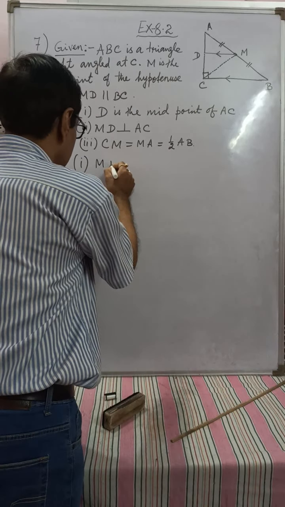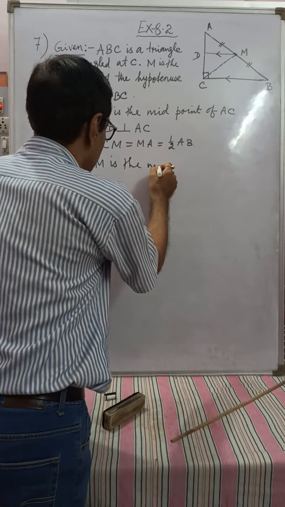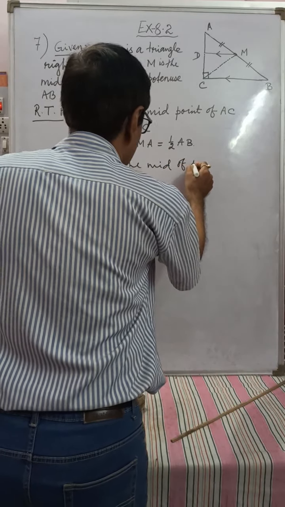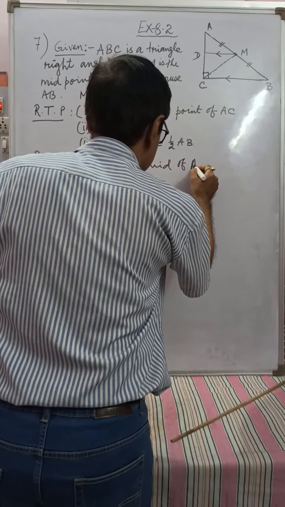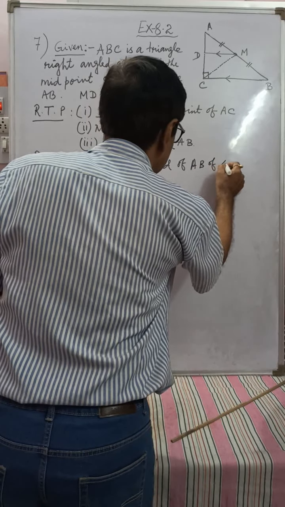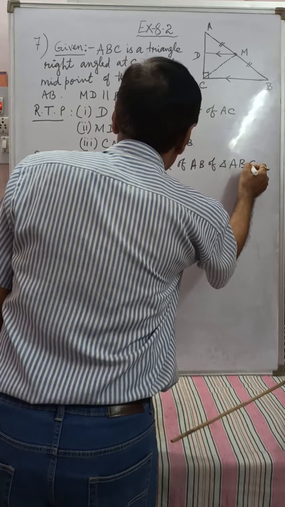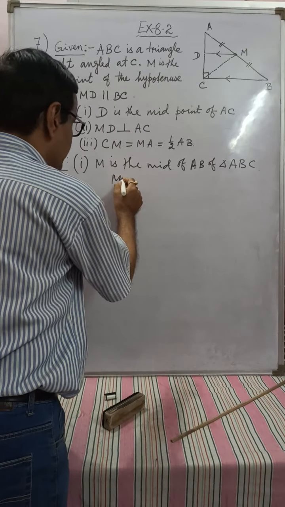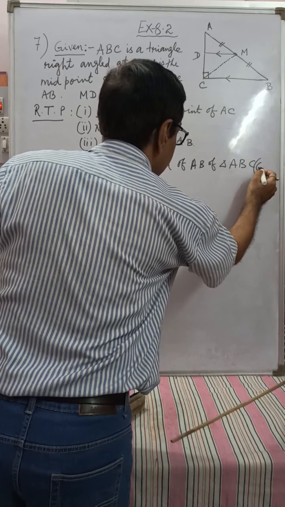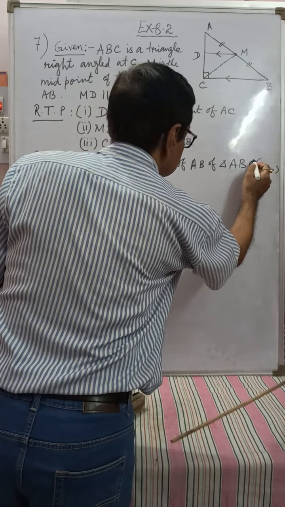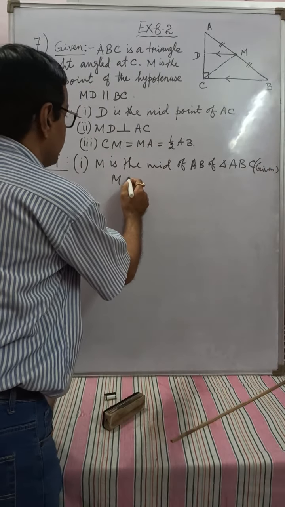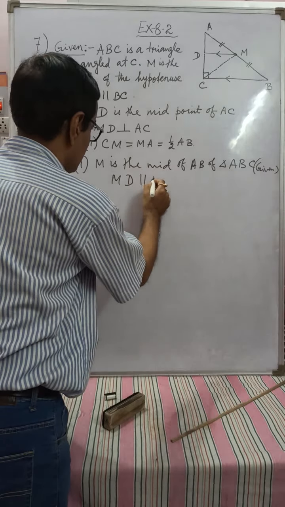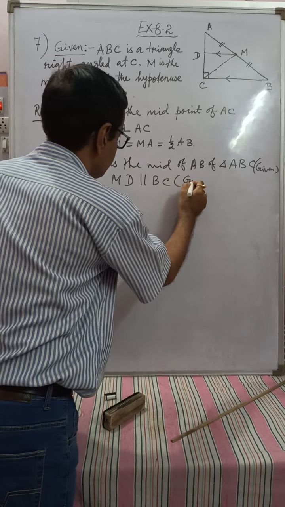So we will write M is the midpoint of AB of triangle ABC, and that is given. And MD is parallel to BC, that is also given.